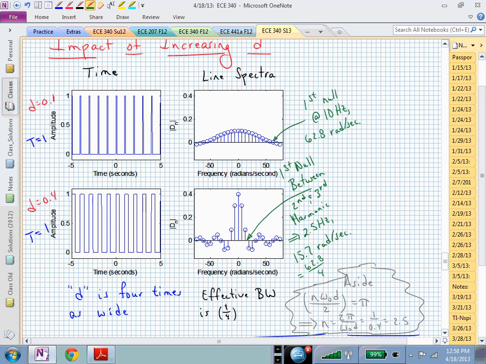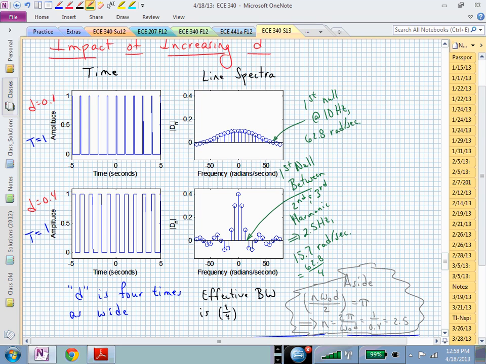This is what I'm trying to say. Notice that these pulses are happening exactly at the same spacing from each other. Capital T is remaining constant at 1. Our period is 1 second. But in the bottom half of this display, our pulse width is now 4 times as wide.